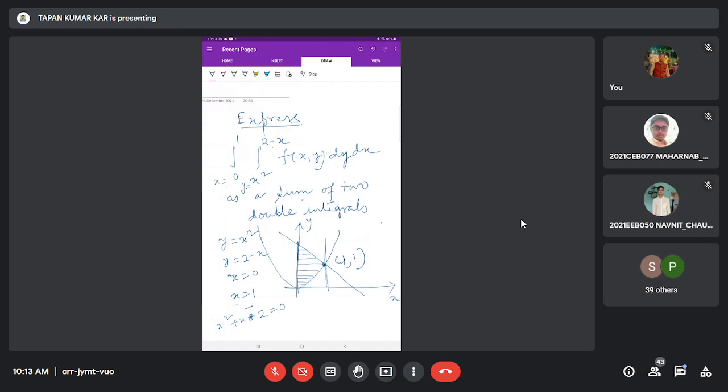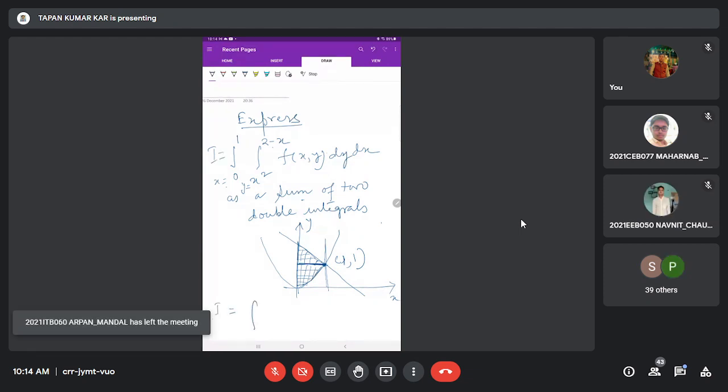However, the question is to express it as a sum of two double integrals. So look at this: this is one region and this is another region, because after this point the curve changes, and before this point the curve is this one. So if you consider two double integrals, then the given integral I can be written as this plus this.